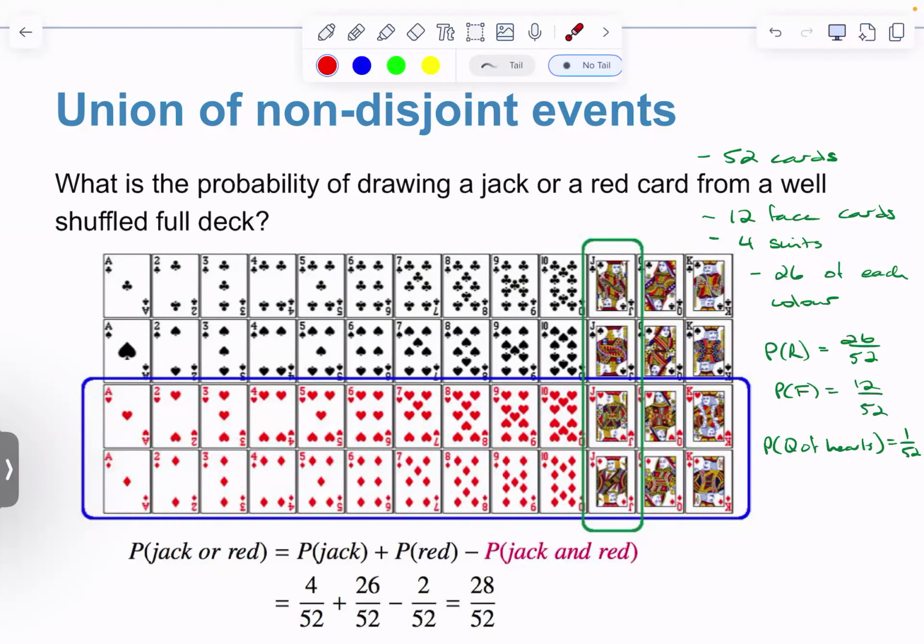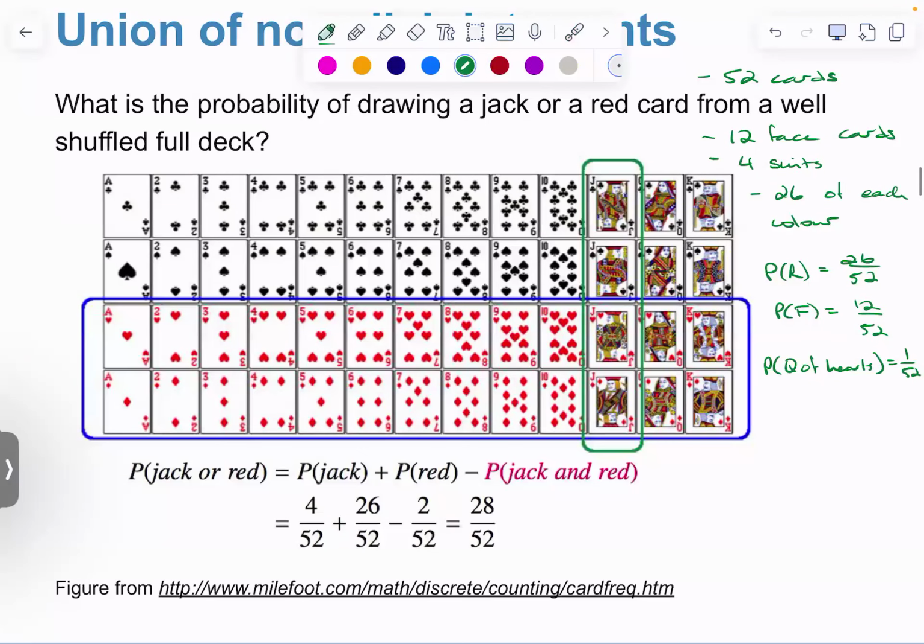And so then, knowing these individual probabilities, we can build up combined probabilities. The Queen of Hearts, we call it the Queen of Hearts, but it's really the Queen and Hearts. It has to be both.